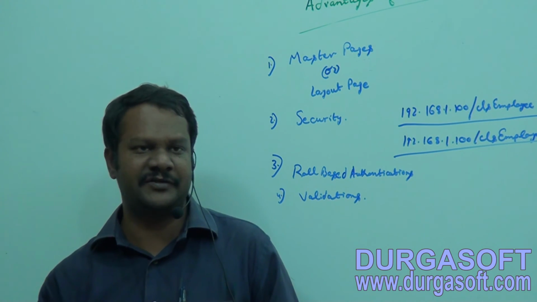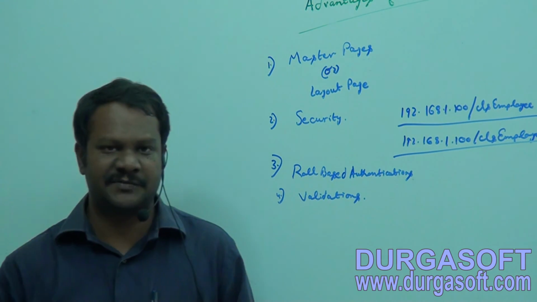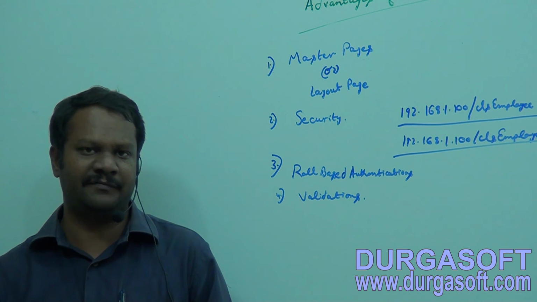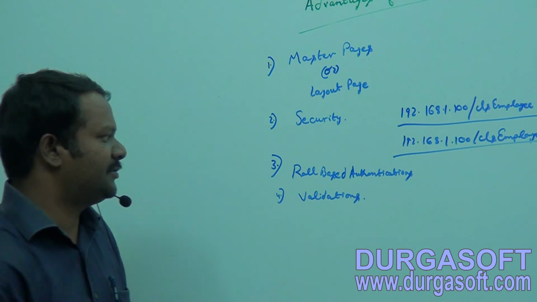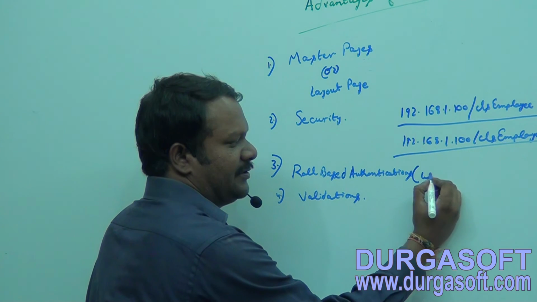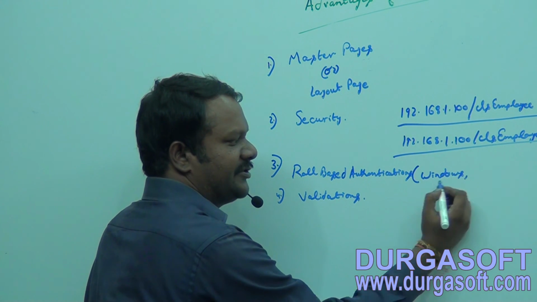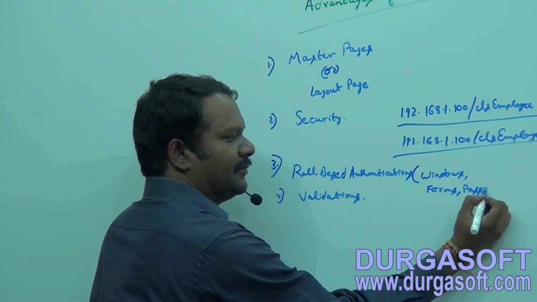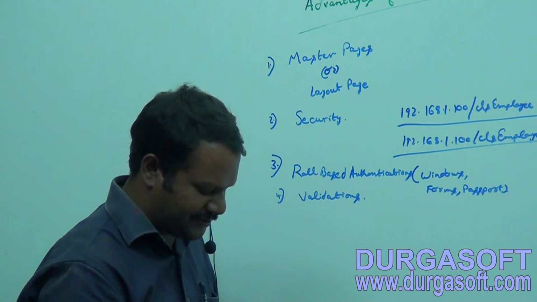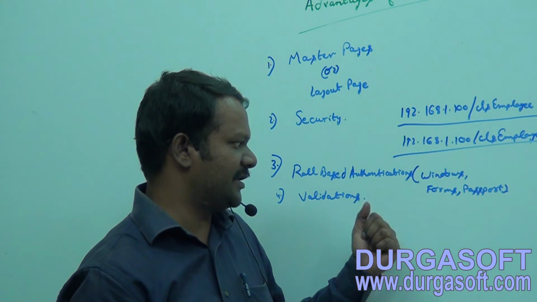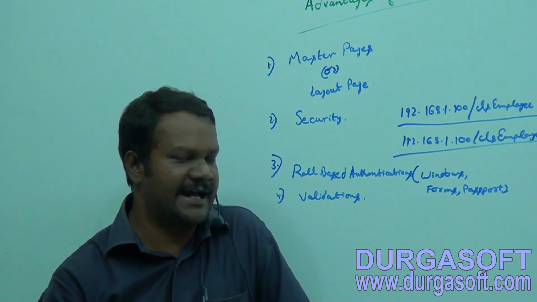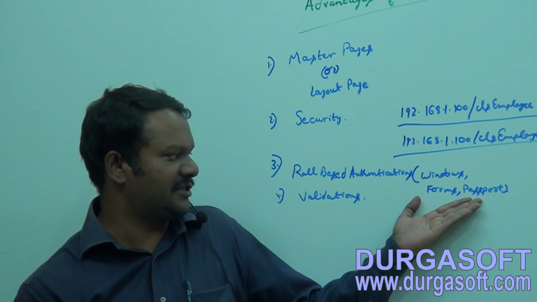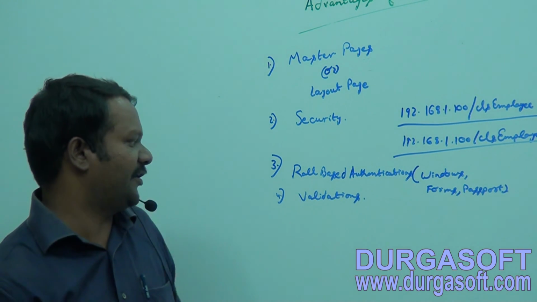Windows, passport, and forms authentication. You might have used them while developing web applications. So MVC also follows these authentications: Windows for intranet applications, forms and passport for web applications. I told you yesterday you can also develop Windows applications. Windows are nothing but the intranet applications, the LAN applications which you developed. And forms and passport authentications can also be performed by using MVC.